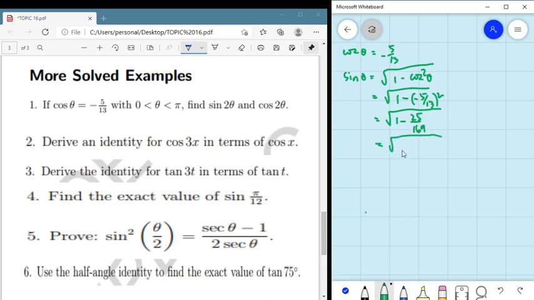Simplifying further, 169 minus 25 over 169, and that is why we get the square root of 144 over 169. So sine here is equal to 12 over 13, since 12 is the square root of 144.